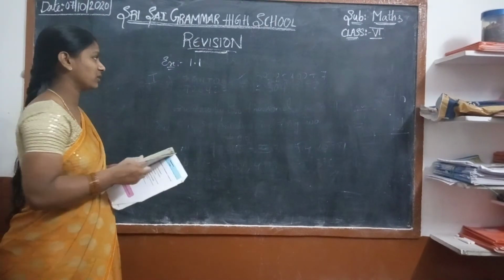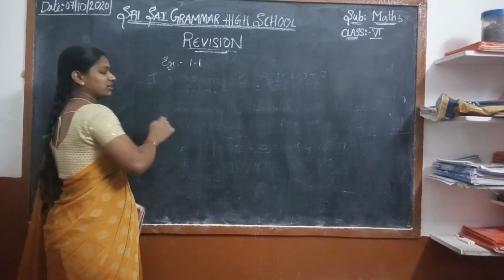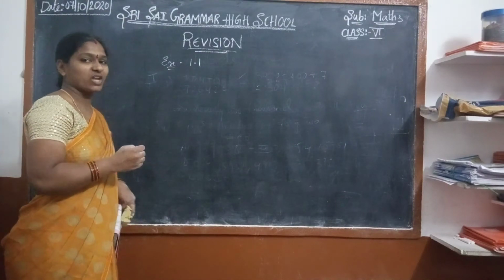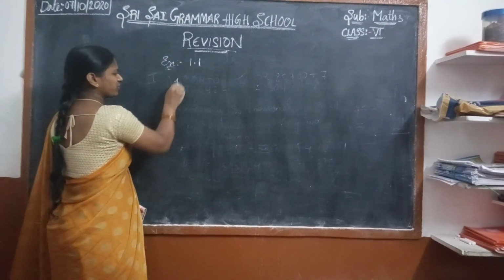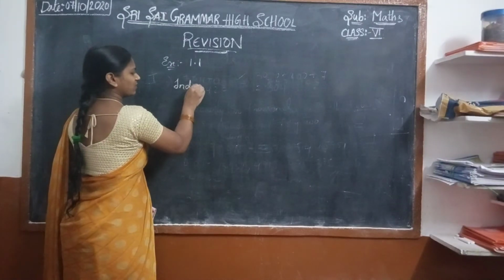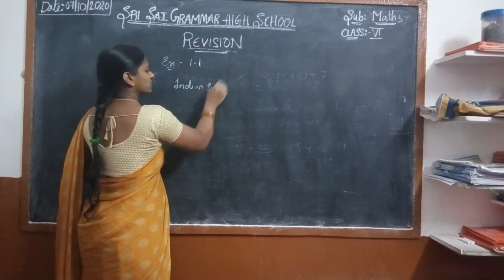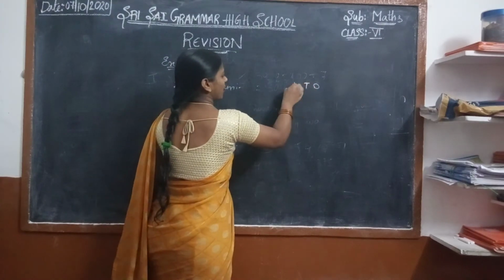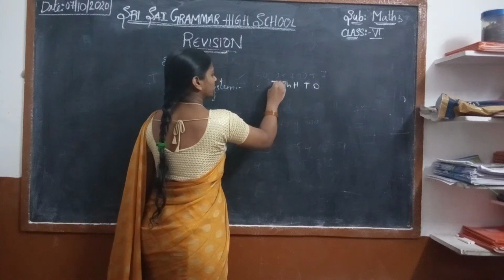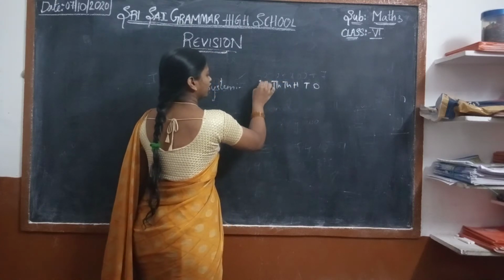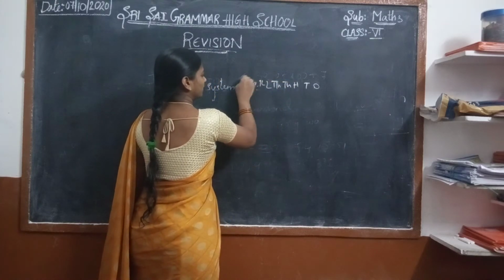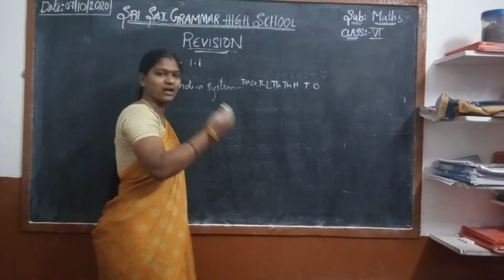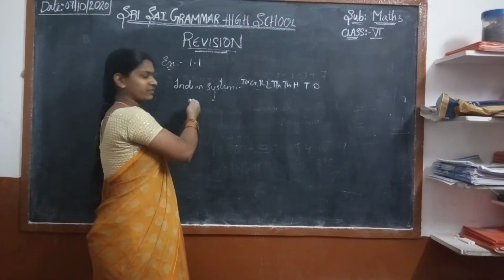You are able to write it, but we have already done some notes on that. Now see, for example, in the Indian system we have learned the process: ones, tens, hundreds, thousands, ten thousands, lakh, ten lakh, crore, ten crore. Like this we have followed the rule for the Indian system.